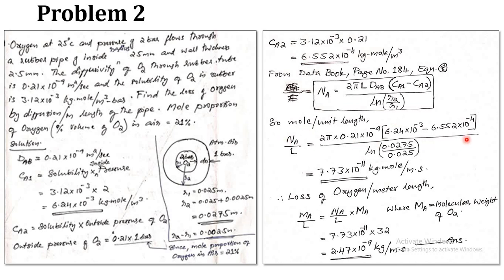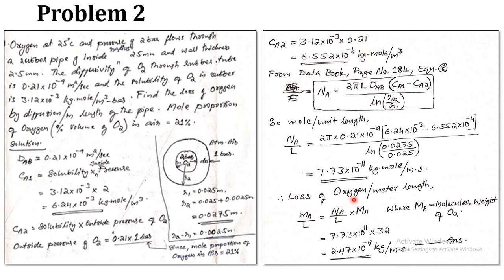So substitute all these values. We have CA1, CA2, L, DAB, R1, R2, and we have to get NA. Per unit length we have to find out. So mole per unit length is equal to 7.73 into 10 raised to minus 7 kilogram mole per meter second. We need to find the loss of oxygen by diffusion per meter length.